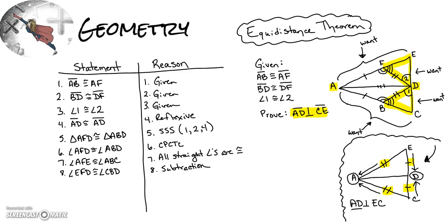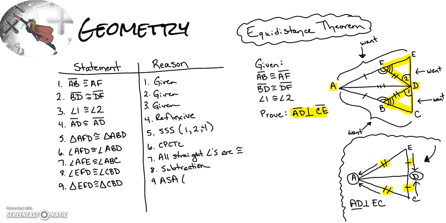And the way that helps us is now the highlighted triangles have ASA, proving them congruent. So in step 9, I can right away turn over to those triangles. Triangle EFD is congruent to triangle CBD because of angle side angle, ASA.